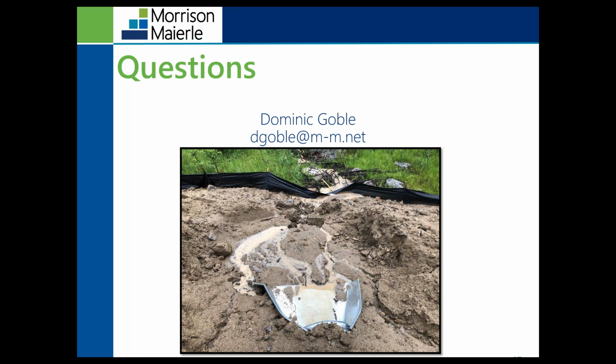Just like the state of Montana, Wyoming is going to have this permit to discharge stormwater. So they're going to want to make sure that you're minimizing pollutants from discharging from your site. They're going to have similar compliance requirements. They may have differences, like how often you have to do the inspection.